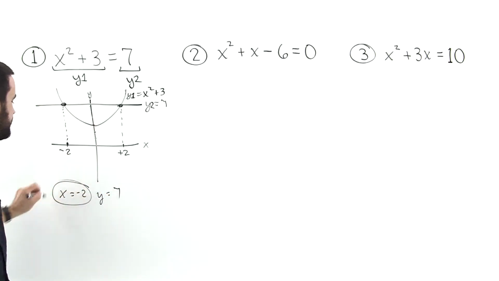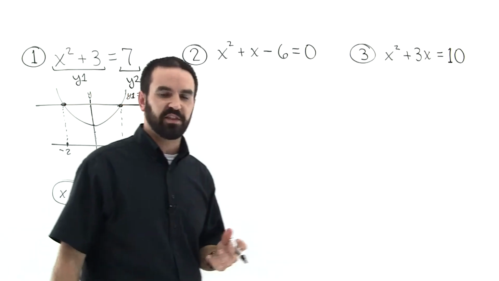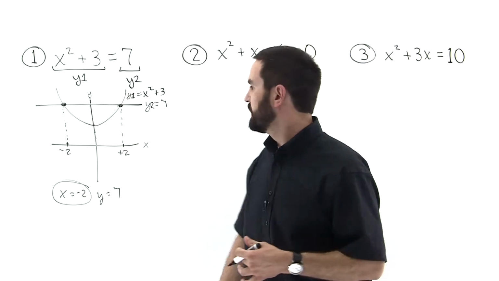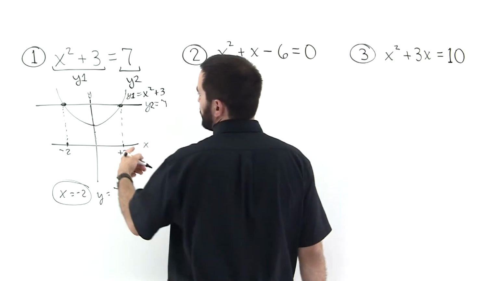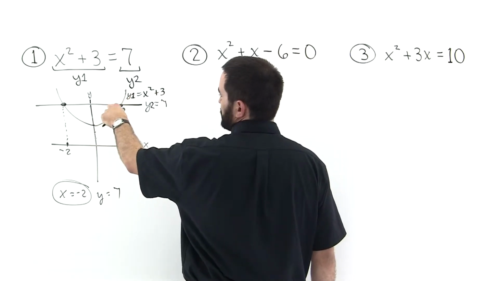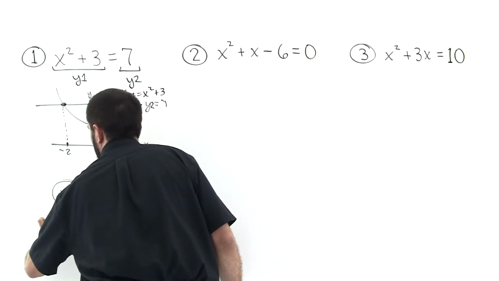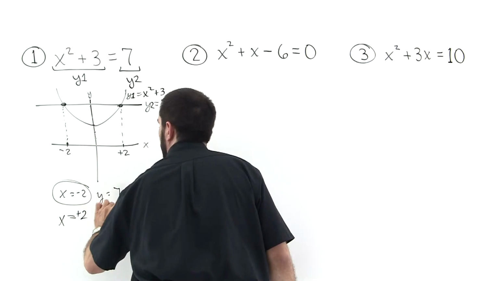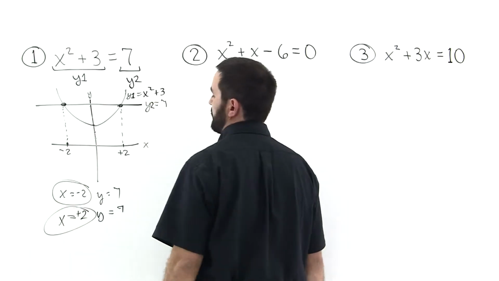And so the x values are the answers, it has nothing to do with what the y values are. You want the x values of those intersection points. Then you use the intersection function again to find this, and you'll get x equals plus 2 and y equals 7, and this is the other solution.